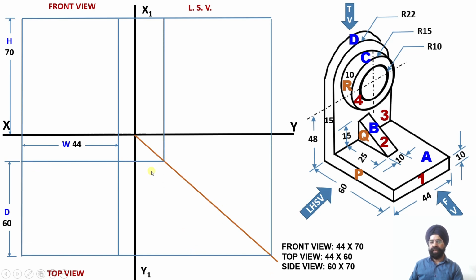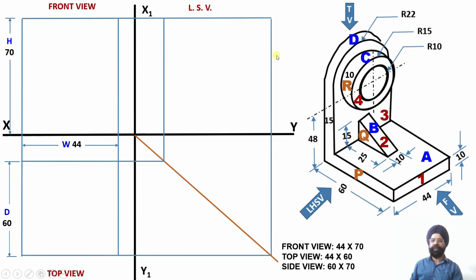These horizontal lines will be projected onto the transfer line, and then projected vertically into the left hand side view. So the left hand side view will have a depth equal to 60 millimeter and a height equal to 70 millimeter.